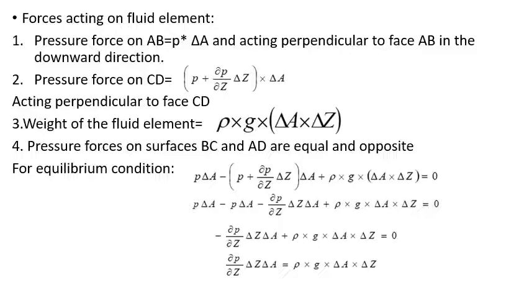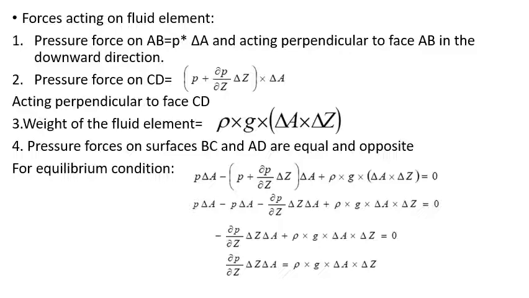The pressure forces on surfaces BC and AD are equal and opposite. The pressure force acting on face AB is in the downward direction, and the pressure force acting on CD is in the upward direction.